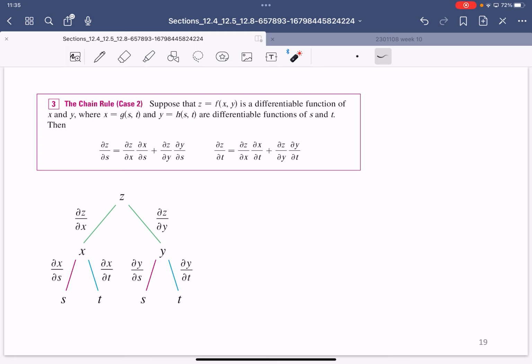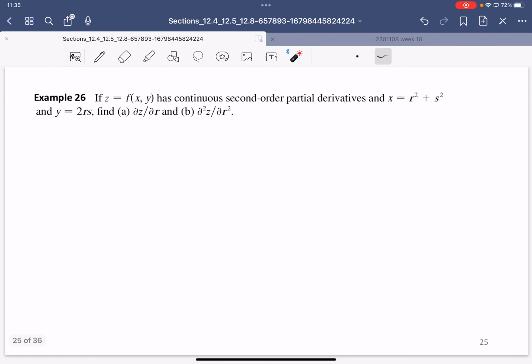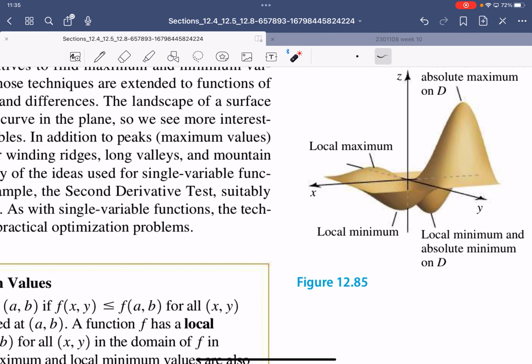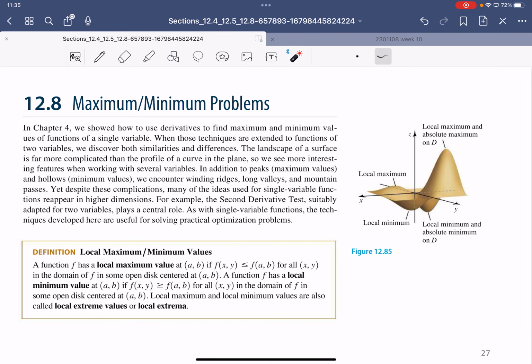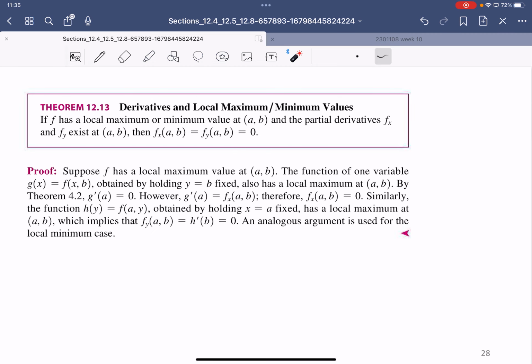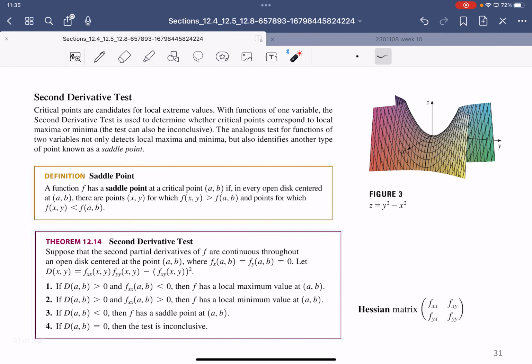You need to draw the picture and compute the chain rule. And the last thing we're going to learn is what it means to take a derivative in 2 dimensions and get the maximum or minimum. In 1 dimension you set the derivative equal to 0 and then use the first derivative to check if it is a max or min. In 2 dimensions you do the same thing, set it equal to 0 and solve for max and min. But it's a little bit more complicated because sometimes you'll see something like this.